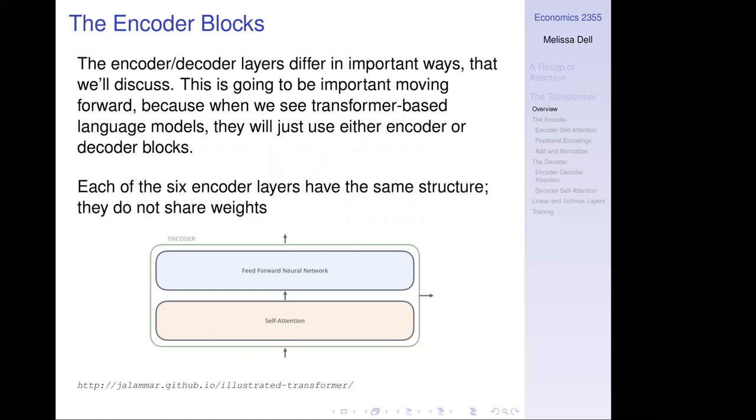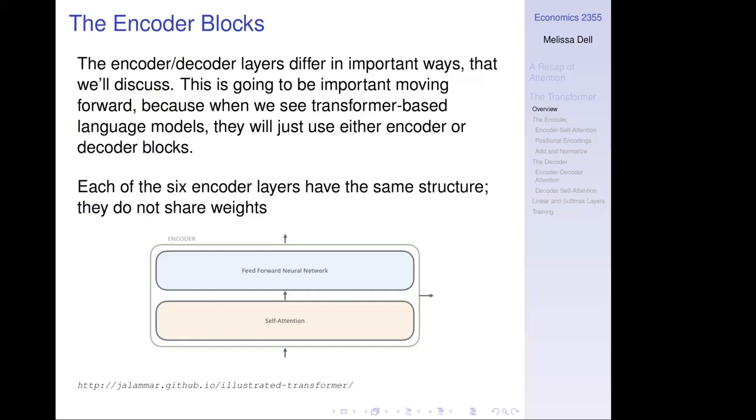And so this is what the encoder blocks look like, generally speaking. Each one of them has a self-attention layer, and we're going to talk about what that is, and a feed-forward neural network layer. And we stack 6 of these on top of each other in the original transformer.